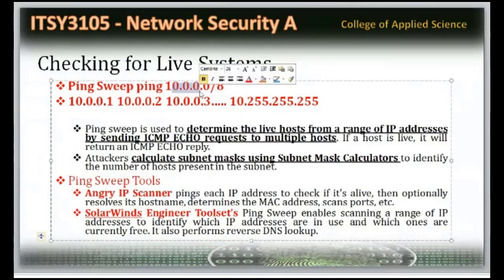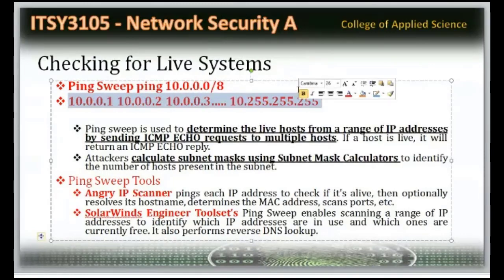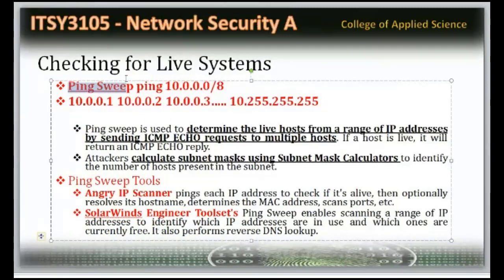From the 10 network, all the machines which are running, which are live, are going to give the reply to me. This is called the ping sweep concept. In the previous concept, I knew exactly the one IP address and gave that.